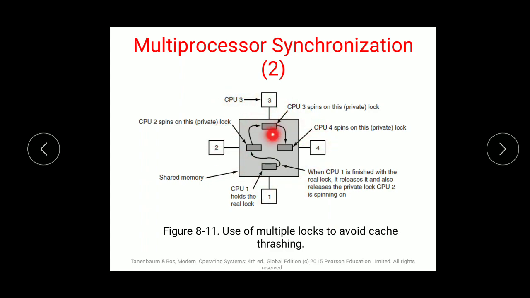Now CPU 4 will enter, CPU spin. Can you see these arrows? That is the memory lock spinning over a critical region to avoid cache thrashing. That is, cache memory should not be lost. For that, multiprocessor synchronization is done.